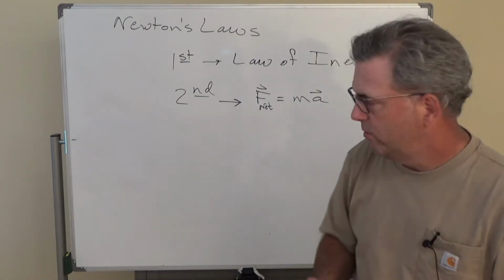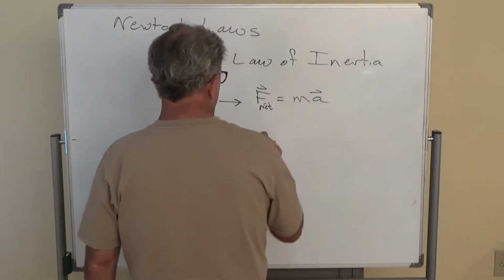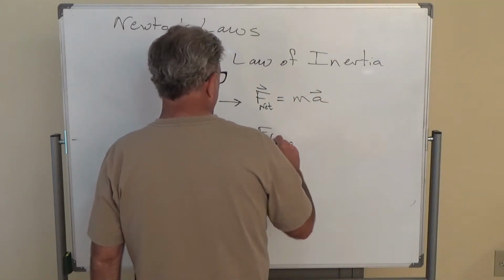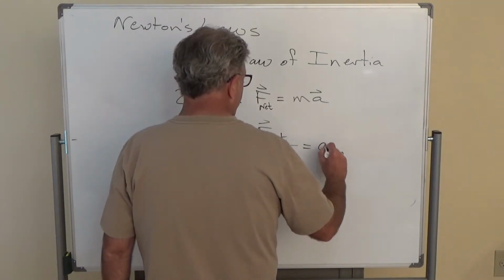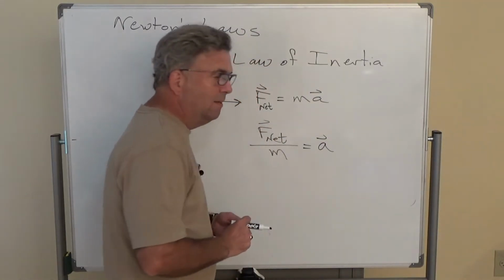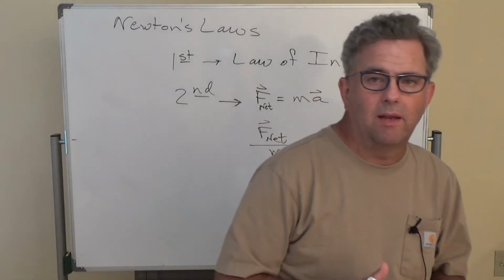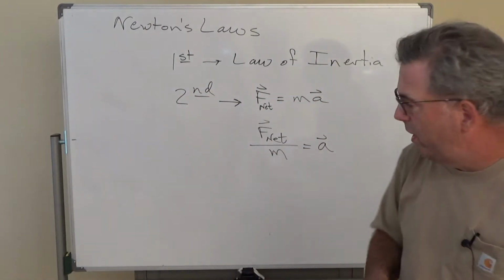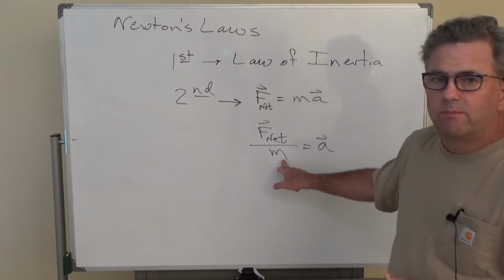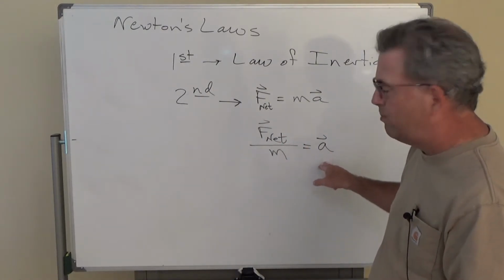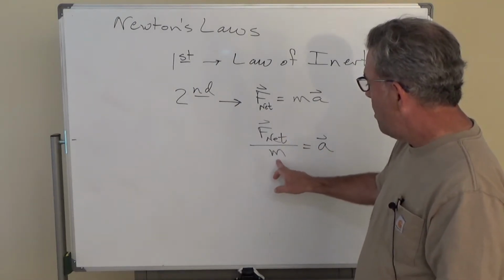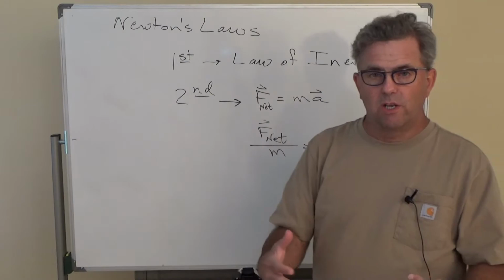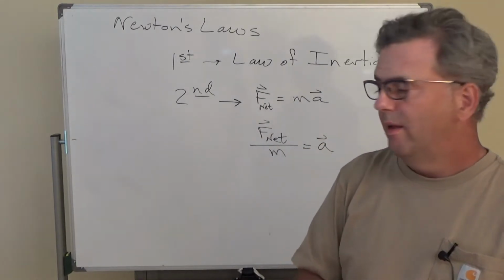Some professors and physicists like to write it like this: a equals F net divided by m. It's the same thing, it's just a different way to think about it, okay? That says that for a given force, if you have a large mass, you get a small acceleration. For a large force, small mass, you get a large acceleration, okay?